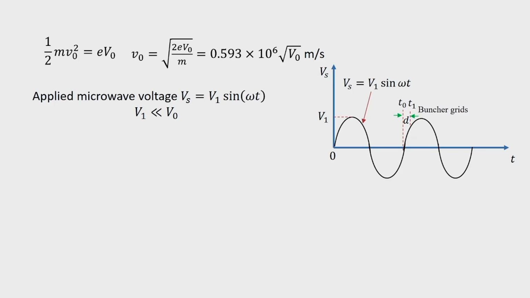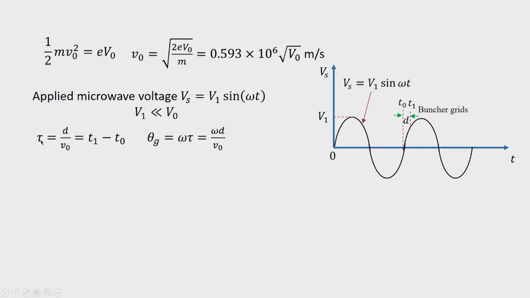as the electron passes through the buncher cavity, it will experience an average voltage that can be calculated by integrating this signal from the entry time t0 to exit time t1, and therefore we can write τ, which is d by V0, is equal to t1 minus t0.